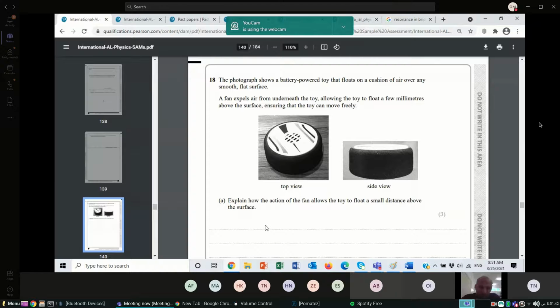So we have to identify two bodies, right? One of the bodies is air. The other one is the surface. If air is hitting the surface, how come the surface will hit the air?